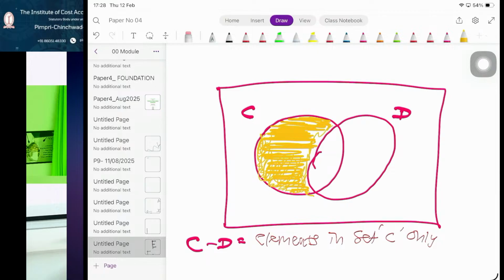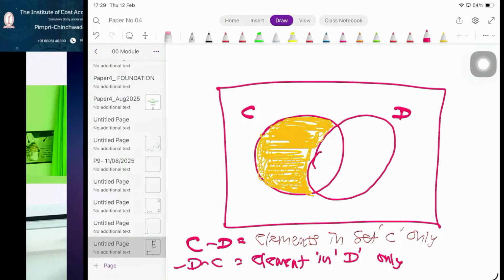ये जो मैंने डार्कन किया, this portion is called only which is in C but not in D, or not common to C and D, is called C minus D. Then what is D minus C? D minus C, the elements, जो पहला वाला लेटर है वो लेना है, elements in set D only.